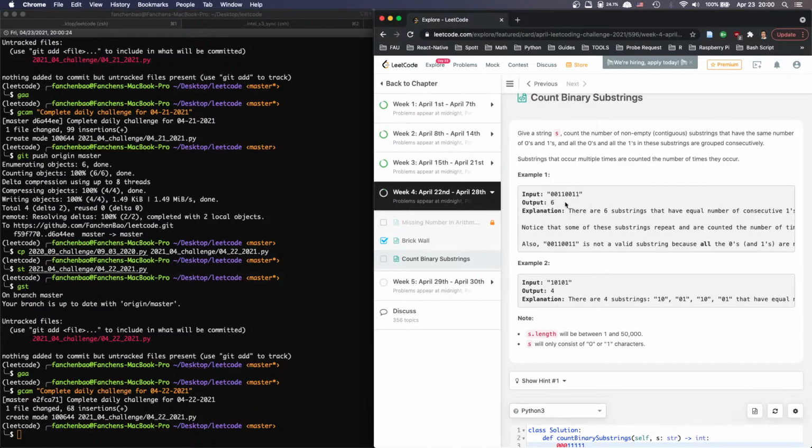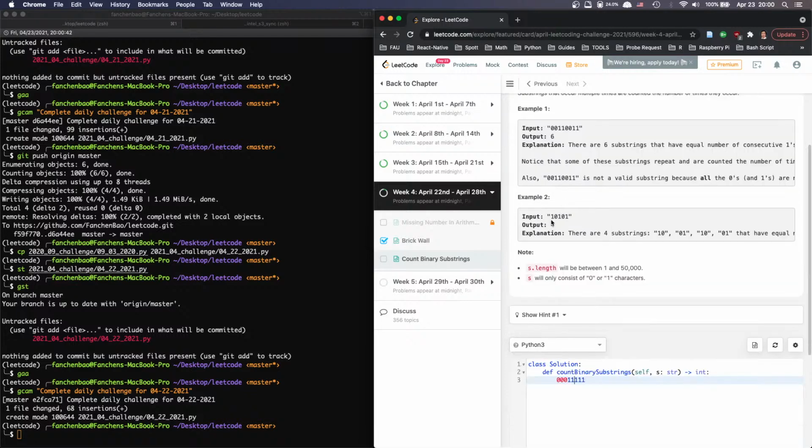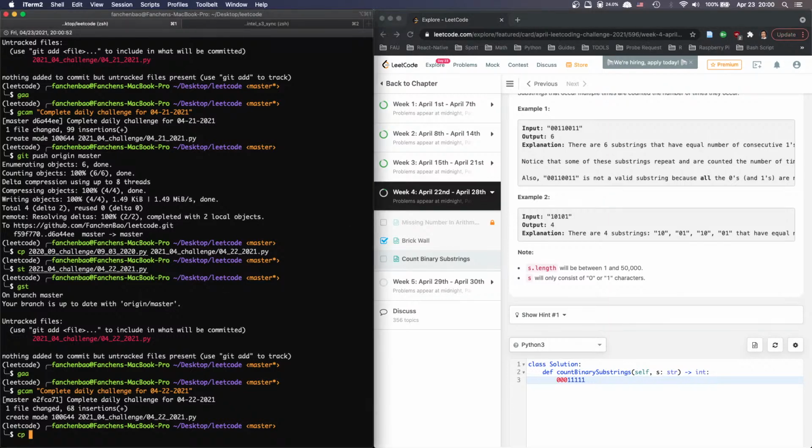Every time we hit a new run of consecutive zeros or ones, we count it, and the answer will be the smaller of the 2. Then we count the next one, and if this works, that will be 1, this one will be 1, this one will be 1. So I kind of have an idea. Let's see if this one works.